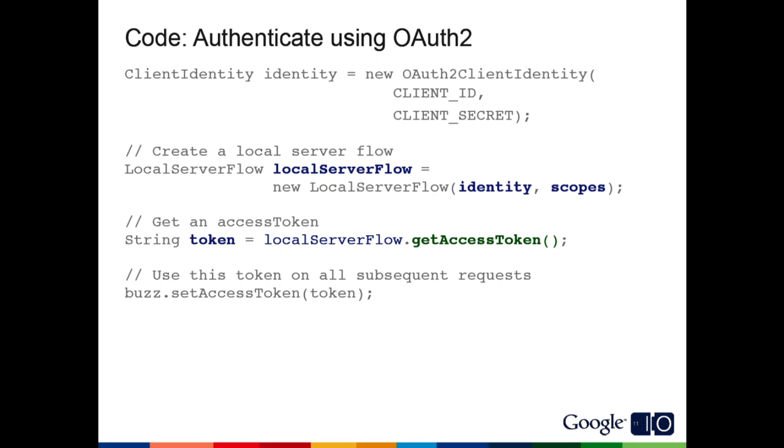This is a helper class that's provided with the example that runs through launching the server and doing this OAuth dance and this flow that gets you the authorization token. We call that local server flow object to get the access token, and then we call the Buzz set access token to brand that into every future request. So that's how it slips into the HTTP headers.